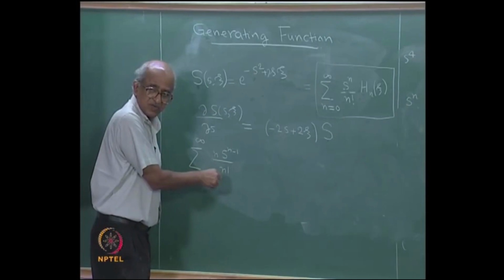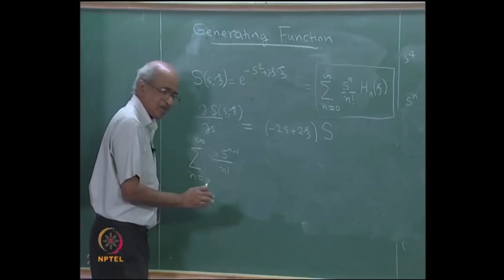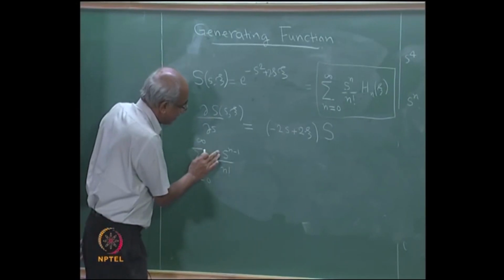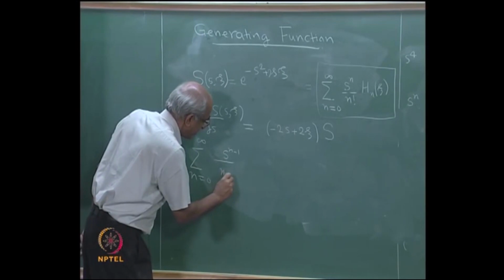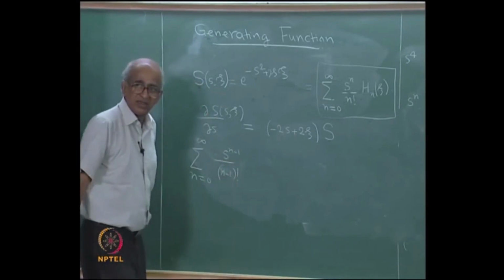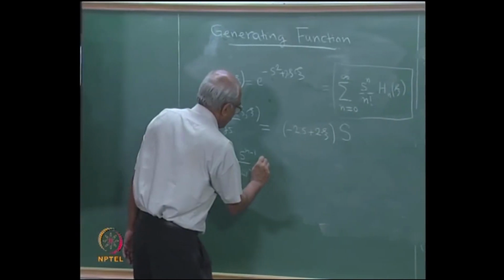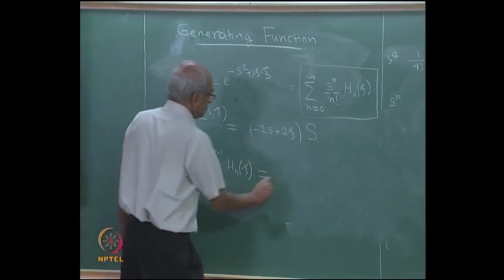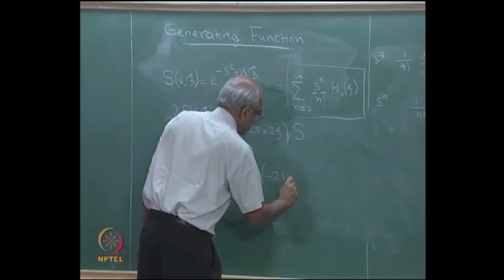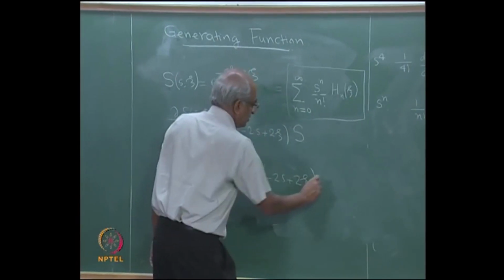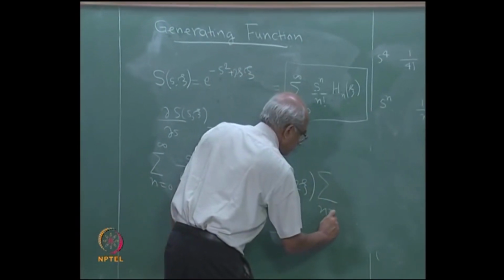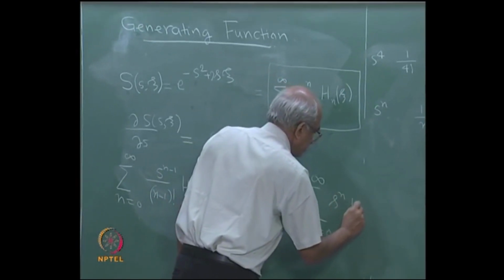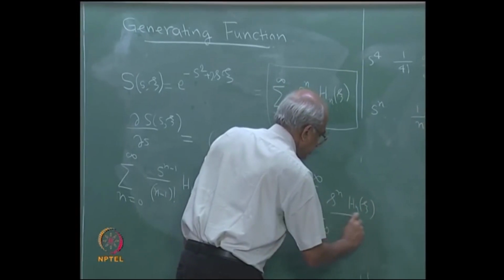This n and n factorial will be combined and I will get n minus 1 factorial, okay, and the coefficient will be h n c, and that is equal to minus 2s plus 2c sum n going from 0 to infinity s to the power of n h n c divided by n factorial.